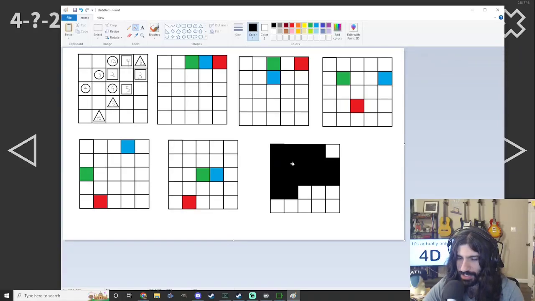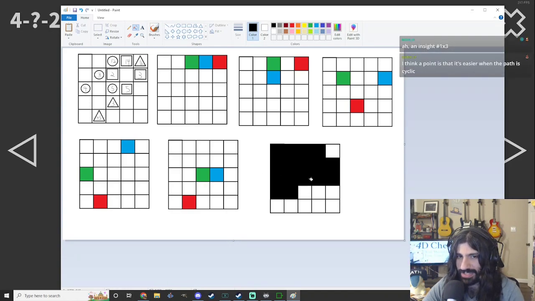What if this was the shape? Then it's the same shape in the same place every level. But the question is, can we start and end? For that level, the answer is yes.